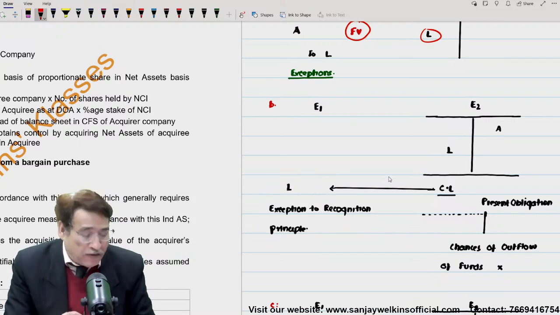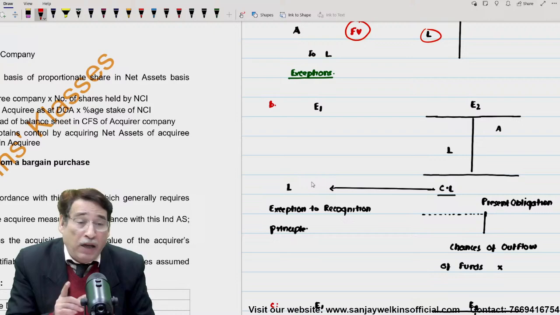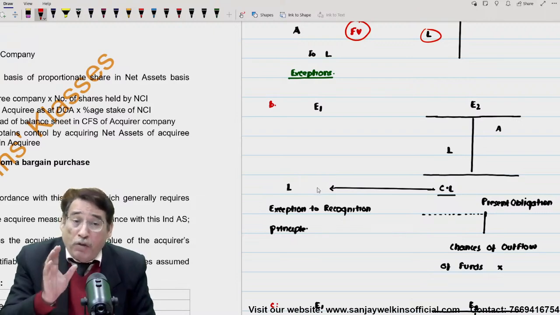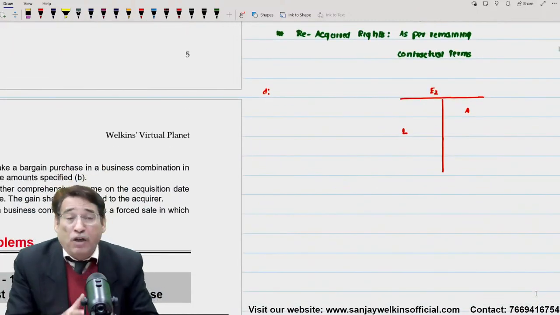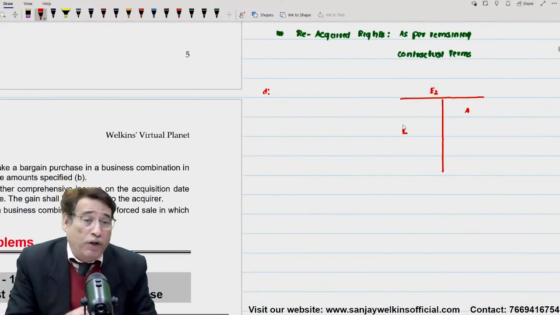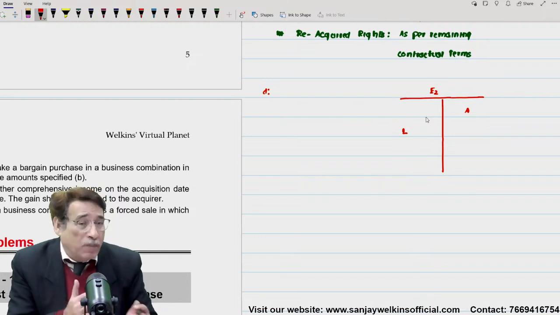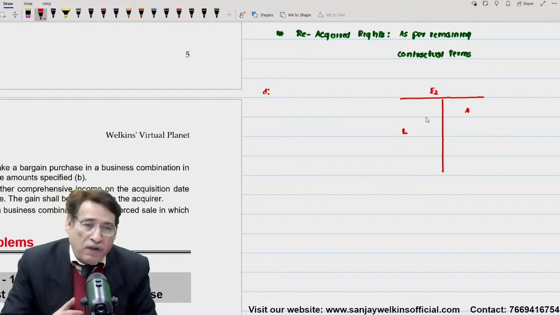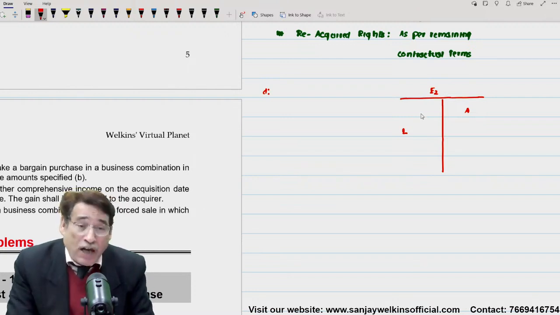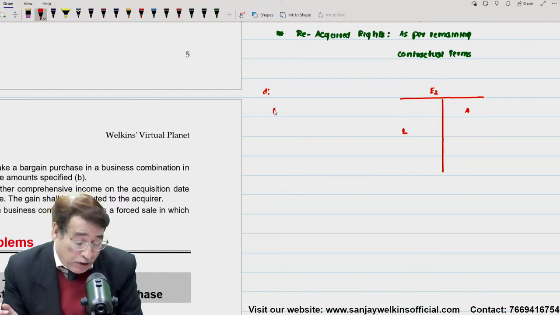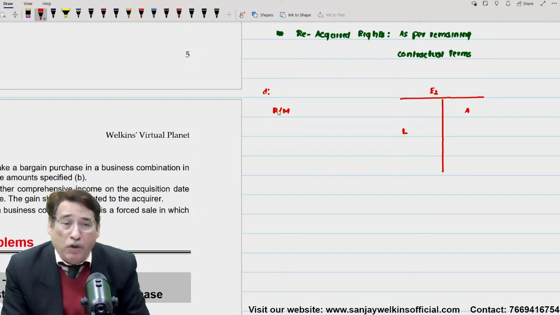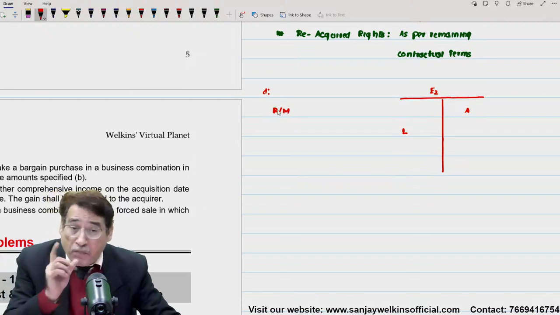That means that is why it is an exception to recognition principle and it is not an exception to measurement principle. But sometimes there are some items which are not at all appearing in the books of acquiring company. In spite of that, we are going to record such assets or liabilities and we are not going to record them at fair value. That is why these items will become exception to both recognition principle and also measurement principle. That is why they are known as an exception to recognition and measurement principle.